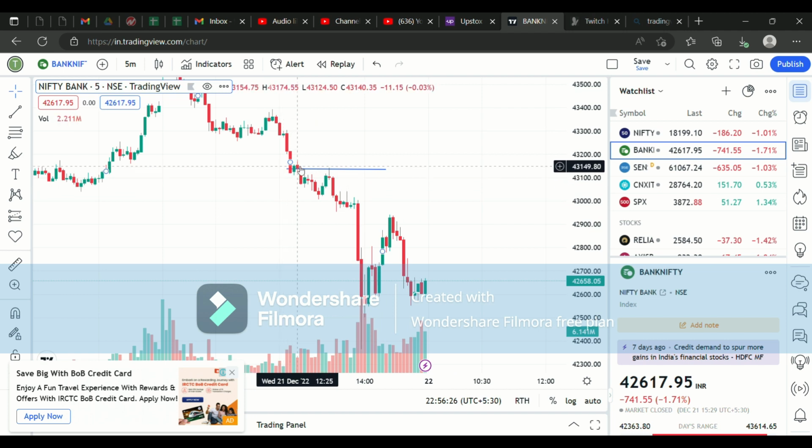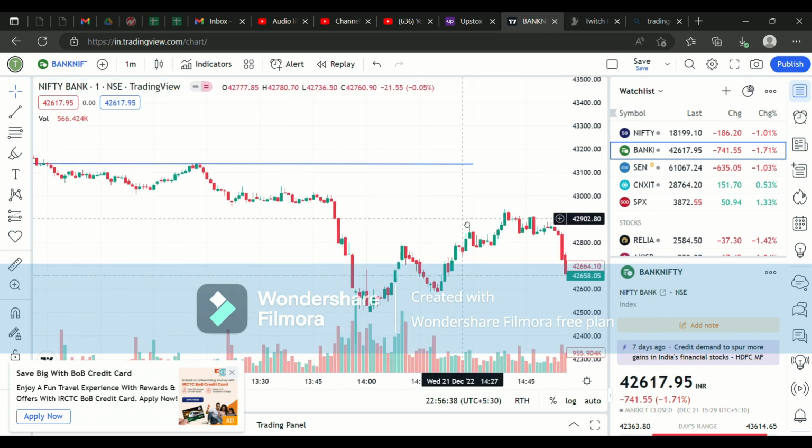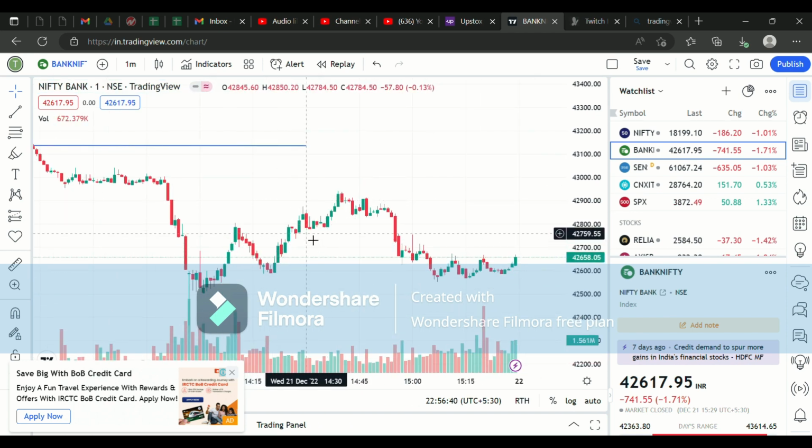I just put this trend line on the 5 minute chart, and I generally trade on the 1 minute chart, so I will directly jump onto it so that I can show you the better one.